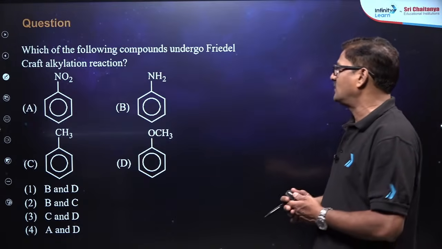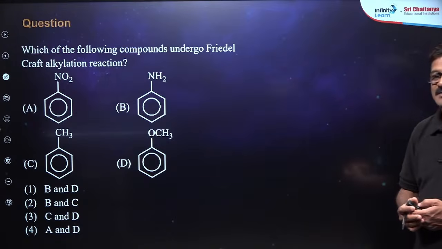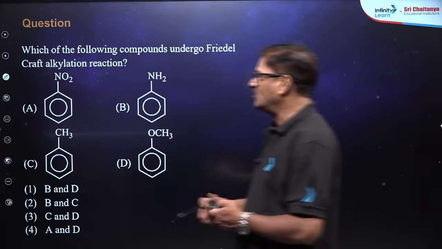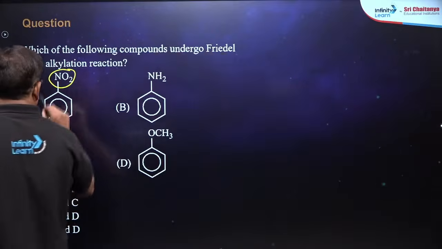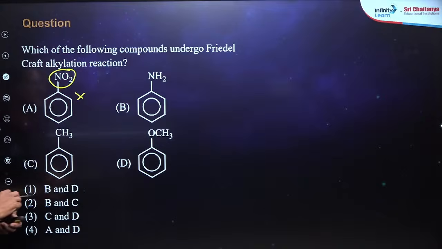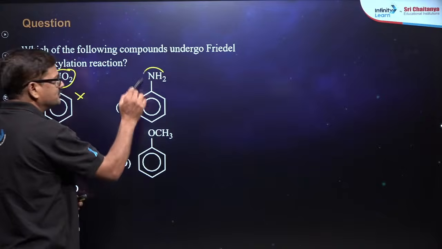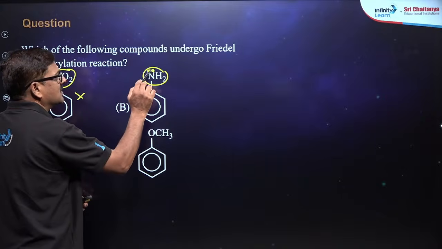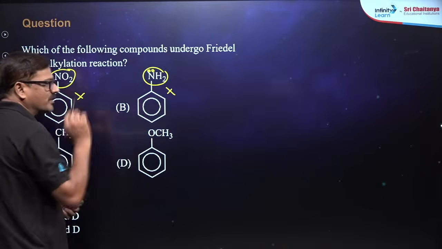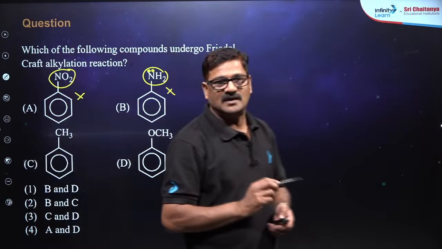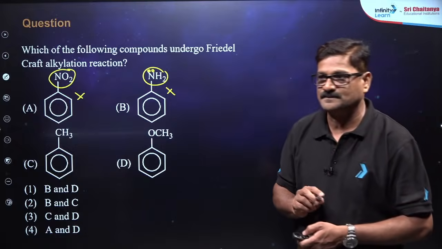Which of the following compounds undergo Friedel-Crafts alkylation reaction? Nitrobenzene does not undergo because of the strong electron withdrawing group. Aniline does not undergo because aniline is a Lewis base; it is going to form a salt with the Lewis acid AlCl3.